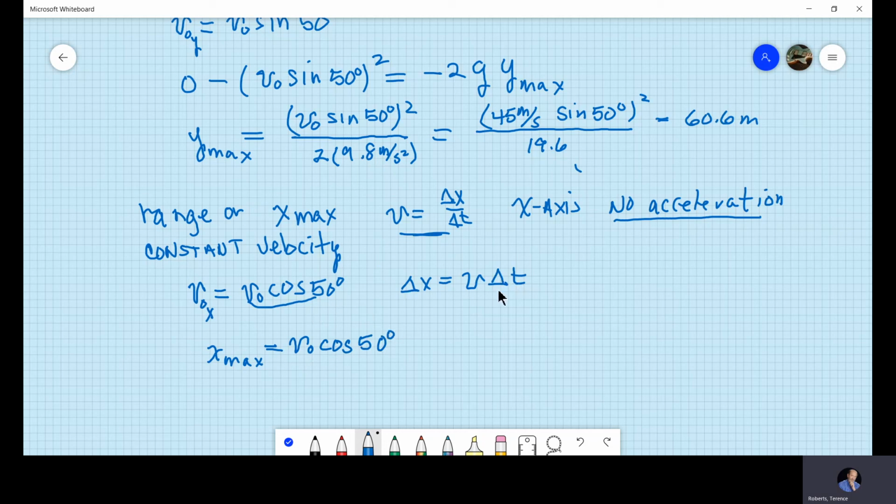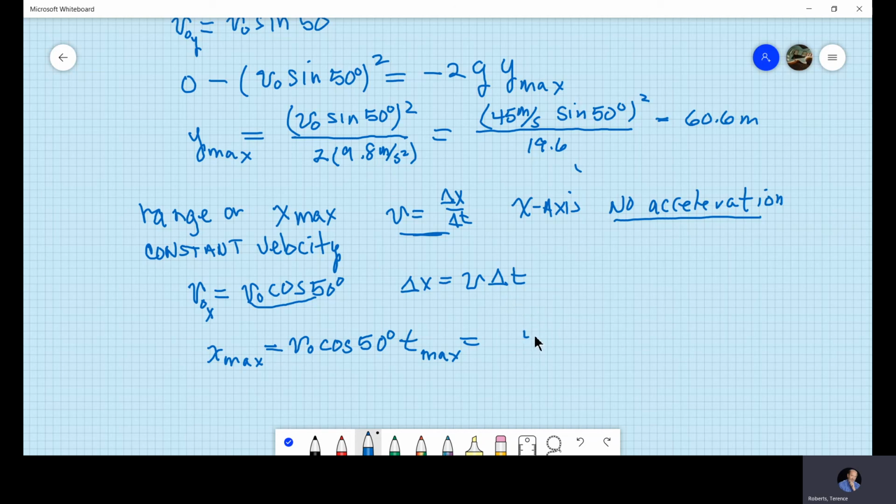And it's going to be times a time, and for maximum range, it has to be T max. And we found T max earlier. So it's always good to find T max first in these types of problems. Okay. So let's plug everything in here.